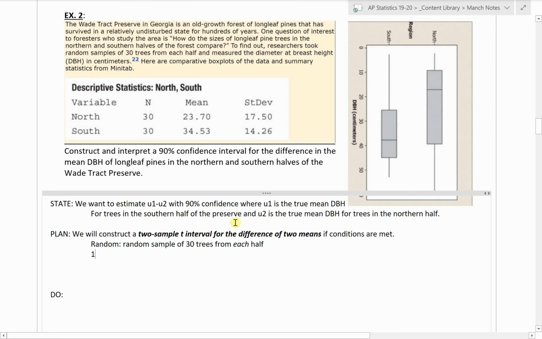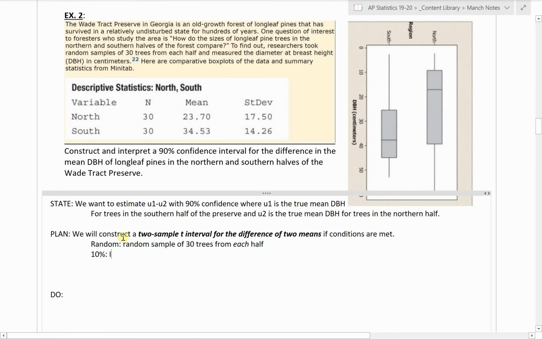We then need to check the 10% condition. There's 30 trees in the north sample, 30 in the south sample. It's an old growth forest at the Wade Tract Preserve in Georgia, so I think it's safe to assume that the forest has 300 trees in the northern and southern half each.